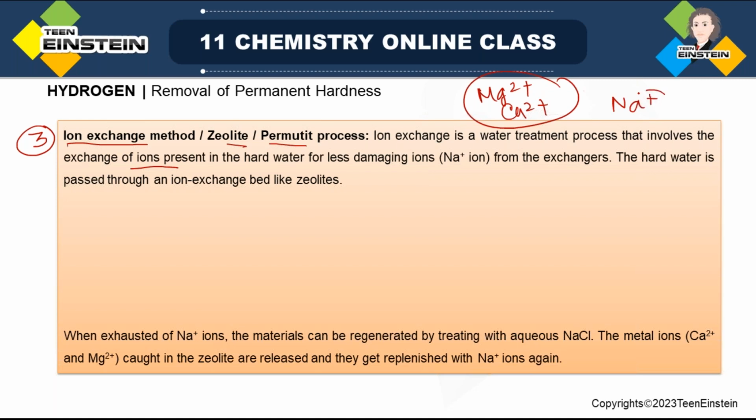Now Na+ is not the reason for hardness. So the ions present in hard water will be replaced by less damaging Na+ ions from the exchanger. In the exchanger there will be Na+, and the hard water will be passed through this ion exchanger bed, which is called zeolite.